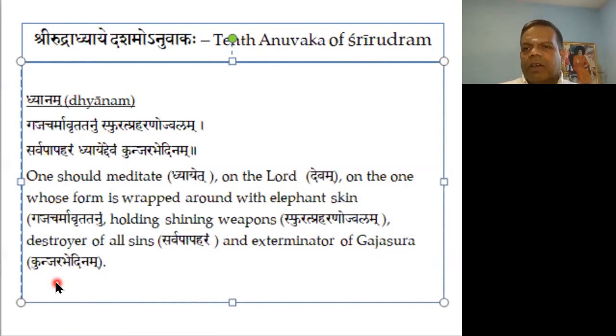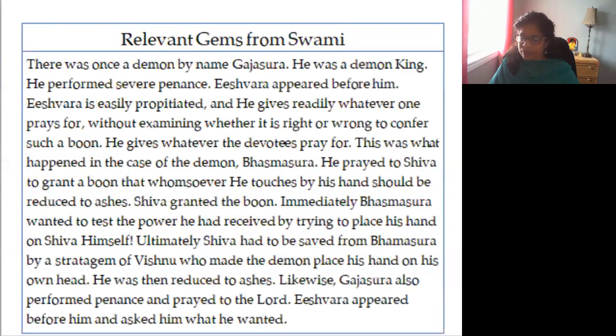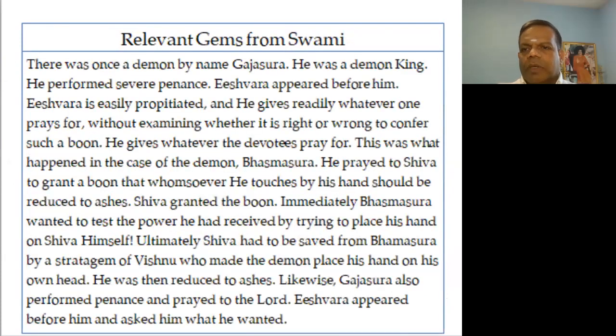I read the story. Maybe I will read one excerpt from Swami's discourse and then come back, if it's okay. Thank you. I read this story from Swami's discourse. There was once a demon by name Gajasura. He was a demon king.